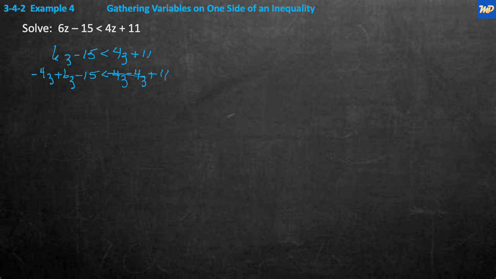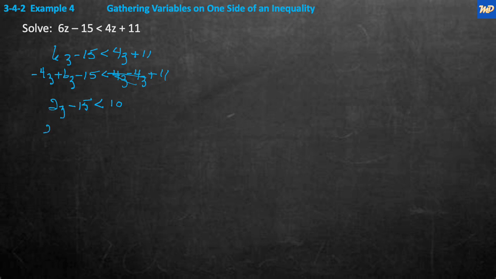Now these z terms erase, and 6z minus 4z is 2z, so 2z minus 15 is less than 11. So we have to move the 15 by adding 15 to both sides.